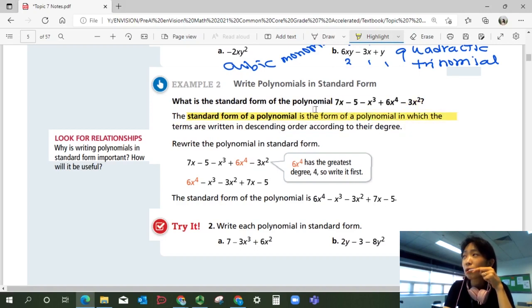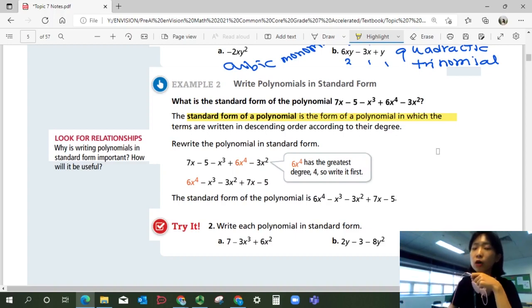What is the standard form of a polynomial? It's the form of a polynomial in which the terms are written in descending order. Descending means go down, according to their degree. So look at the degree of your monomials in your polynomial, and then you're going to write down the greatest degree first to the least degree.